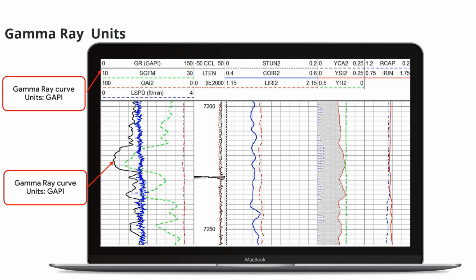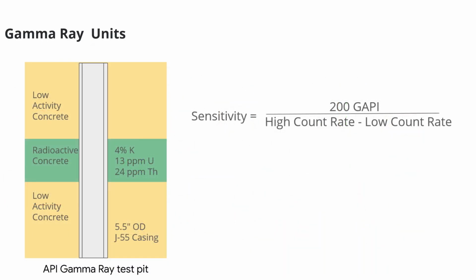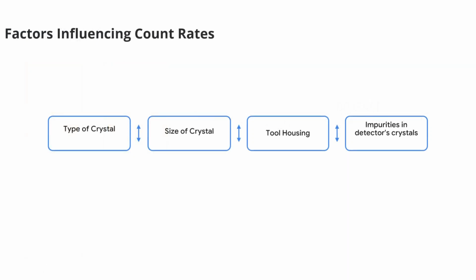Calibration involves measuring the count rates of gamma radiation in a test pit with known concentrations of radioactive elements. Here on the left, you can see the characteristics of the API gamma ray test. With this, the sensitivity factor is calculated and is used to convert raw measurements into gamma API units.